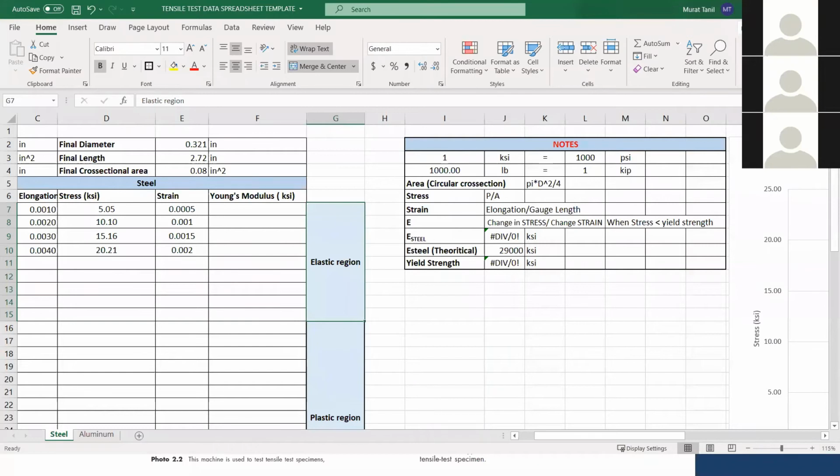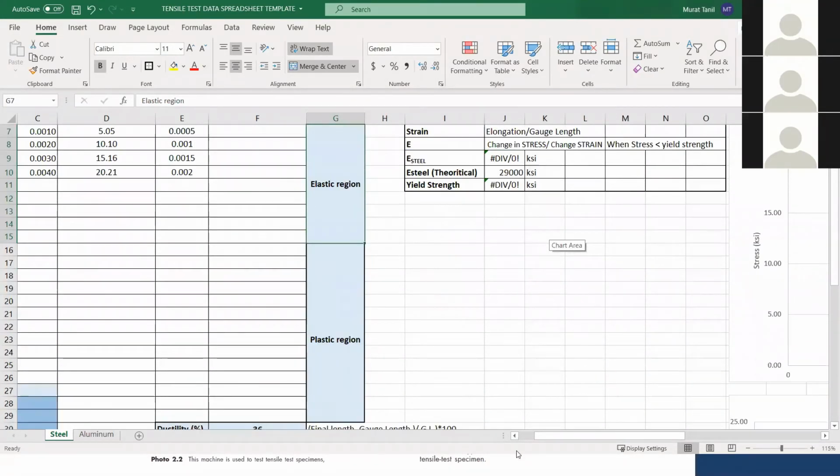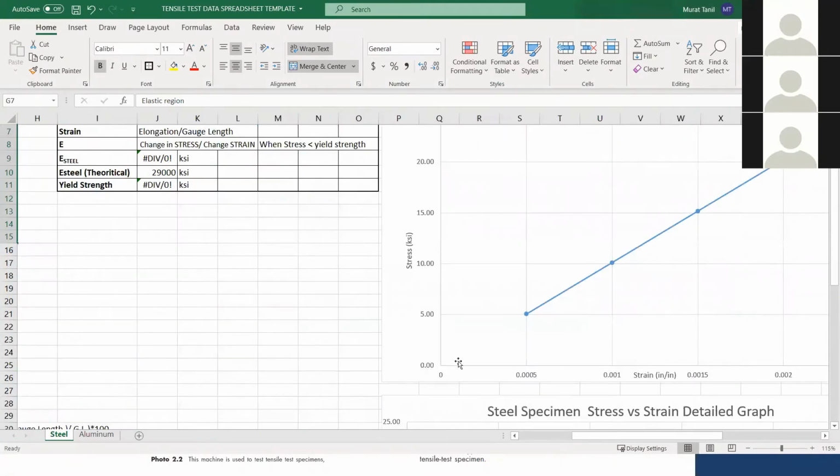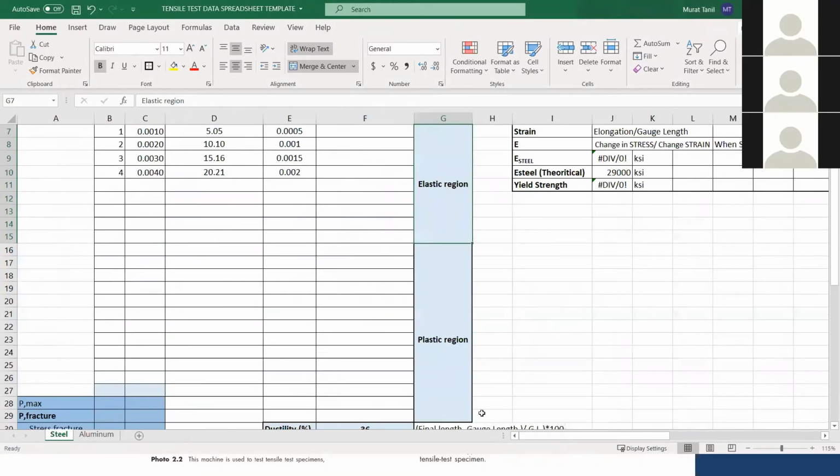Isn't elastic right before it hits the deformation point, and then plastic is right after? So the specimen starts deforming right at the beginning. In the elastic region, it'll go back to its original form. Right. In the plastic region, it's permanently deformed. Right. If you know this, you're okay.